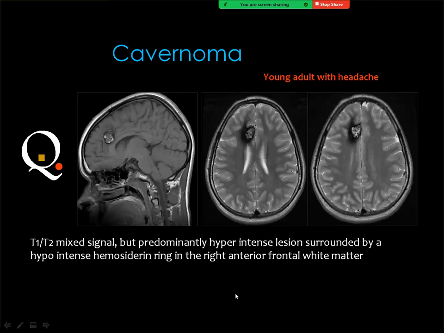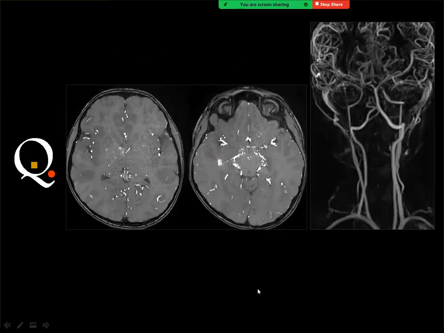This is the classic appearance for cavernoma. This patient had an MR angiography, and the axial flow sensitive technique, the gradient image.